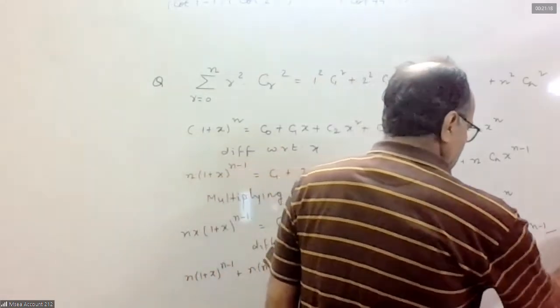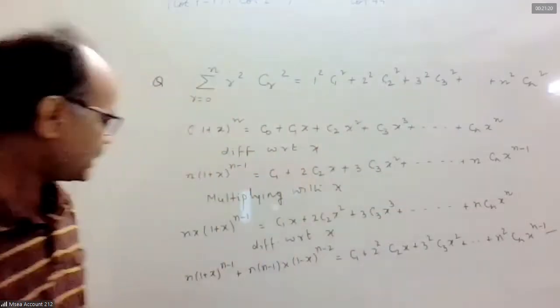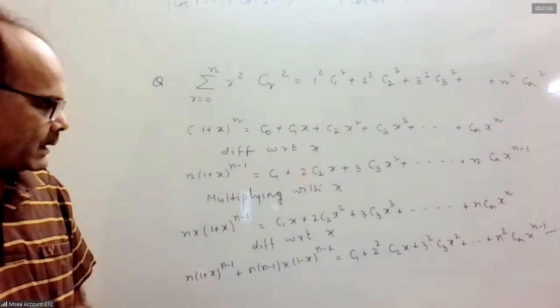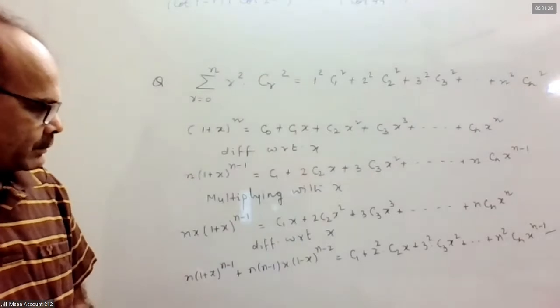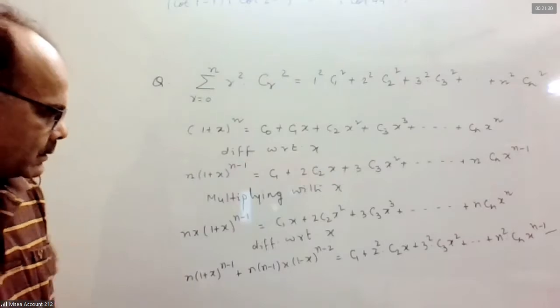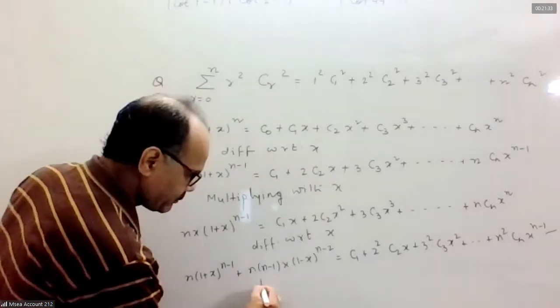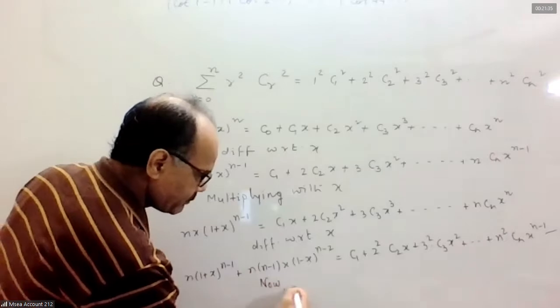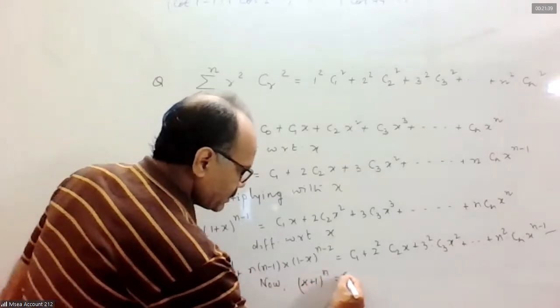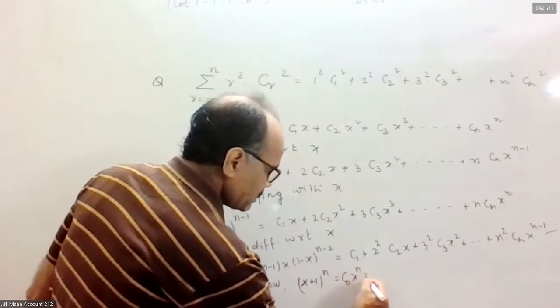Now this is series number 1. And then take the other series, x plus 1 to the power n, which is C0 x to the power n plus C1 x to the power n minus 1 and so on.